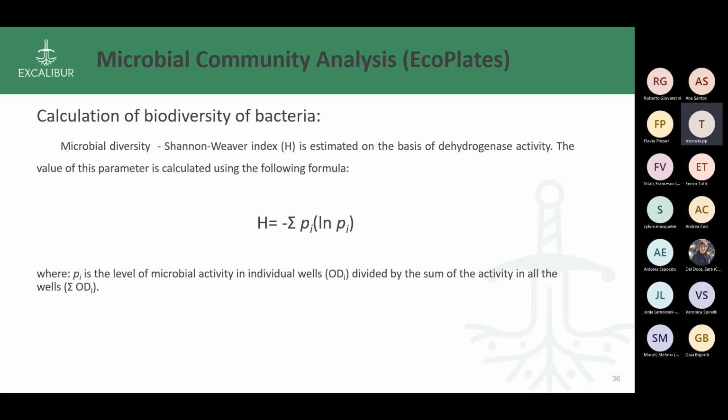Of course, there are other indices in which you can use the results from the absorbance. For example, the Brown index is very similar to the Shannon-Weaver index, but everything depends on you. But I think the Shannon-Weaver index is the most common.